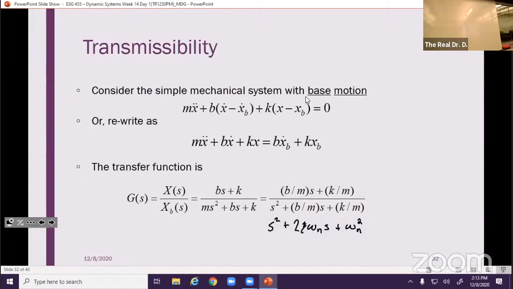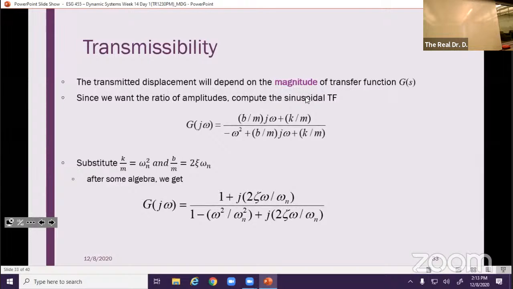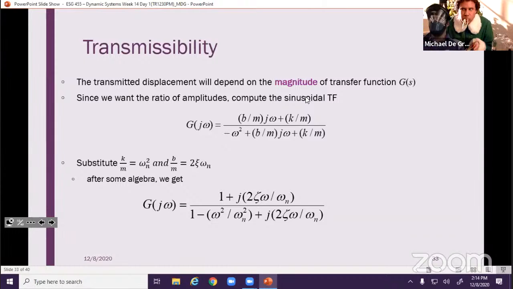What makes it transmissibility? Well, that is what we're about to talk about. We're going to make this into the sinusoidal transfer function, and here it is. Then we're going to algebra it up and make some substitutions. Instead of k over m, I'm going to use omega n squared. And instead of b over m, I'm going to use 2 zeta omega n, and I'm going to algebra it.